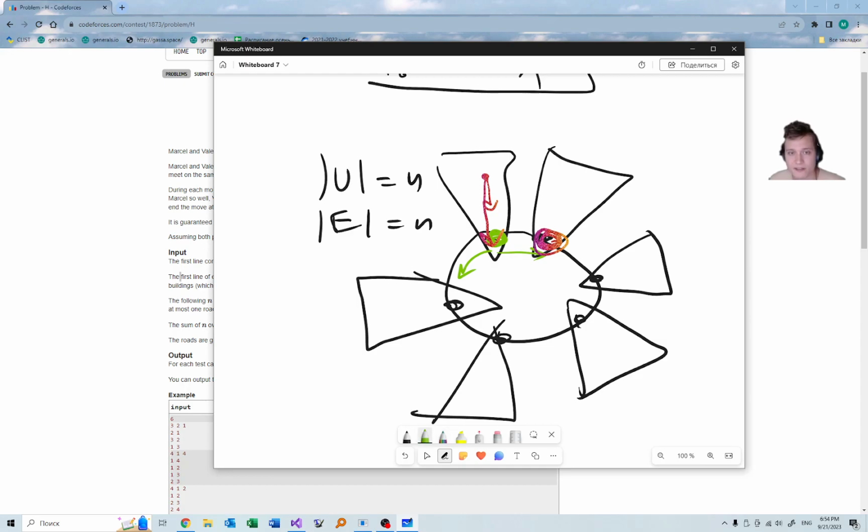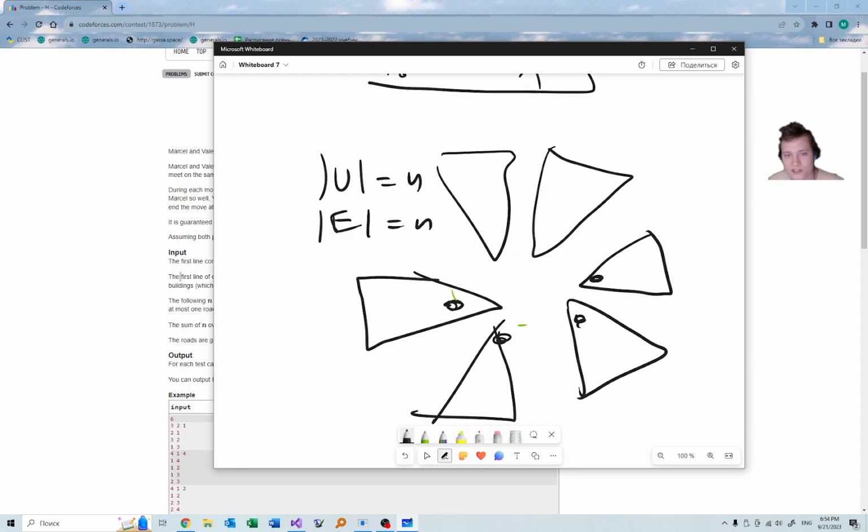But in this case, Valery can go to the other vertex, and so he escapes in this direction. So like a greedy strategy: if you have an immediate threat, you do something, and if you do not have an immediate threat, you don't do anything. So if Valery is already on a cycle, then the answer is yes, he can escape.